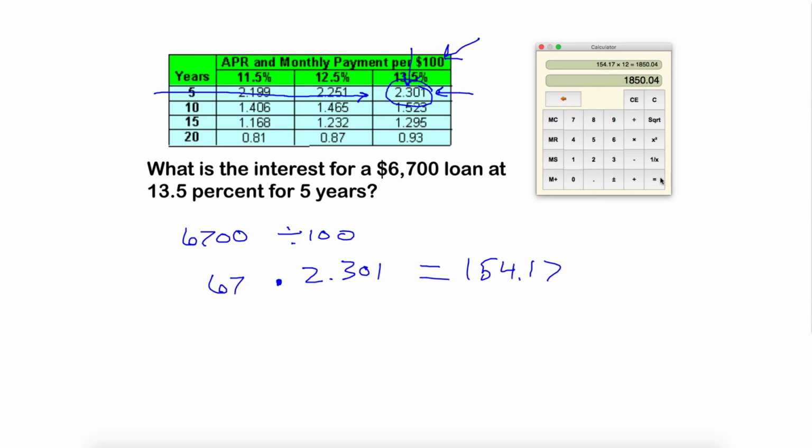Times 12, and times 5 years, so times 5, enter. And we see that the total payment is $9,250.20. So now to find the interest, how much interest we're paying, we're going to subtract the original amount. So minus 6,700.